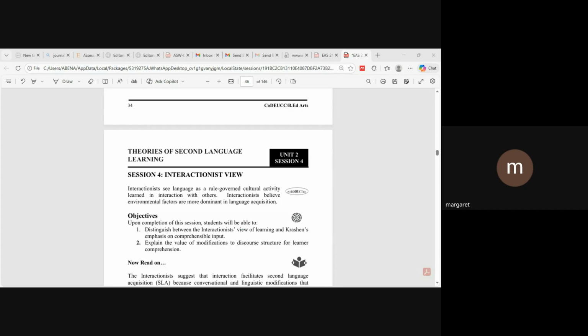But actually, it is the learn system that serves as the monitor. So there's no distinction between the learn system being the editor or the monitor, but the whole hypothesis is called the monitor hypothesis. It talks about how the learn system edits the acquired system.